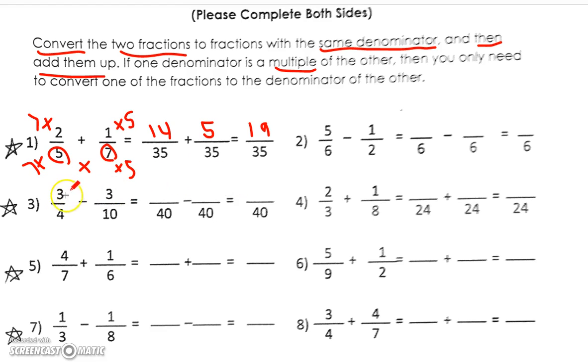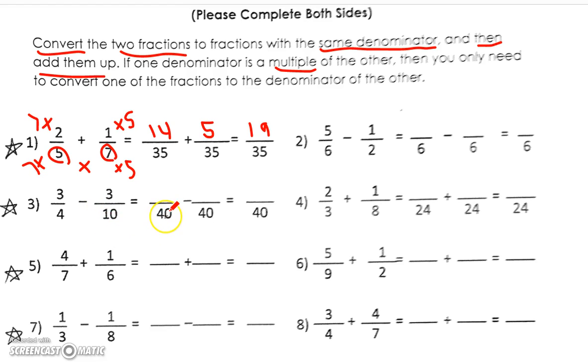Let's try number 3. This particular problem is a minus problem, and we have 3/4 minus 3/10. Before I can do any subtracting, I notice that our denominators are not the same. So again, we have to find a common number that both 4 and 10 go into.